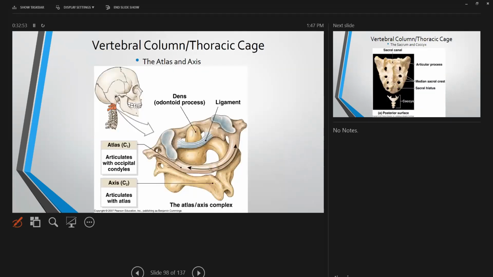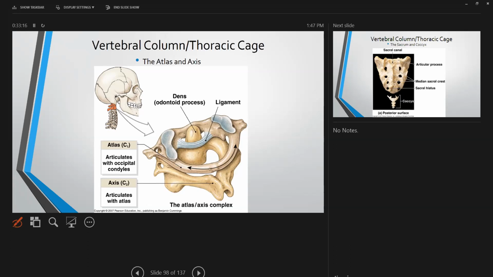There are some particularly interesting vertebral components that we want to understand, the atlas and the axis. When we get an odontoid view of a patient that we are concerned about for a neck fracture, this is what we're looking at. We're looking at this dens.